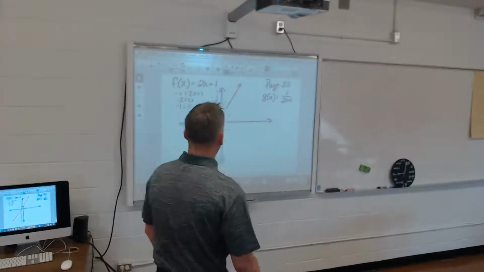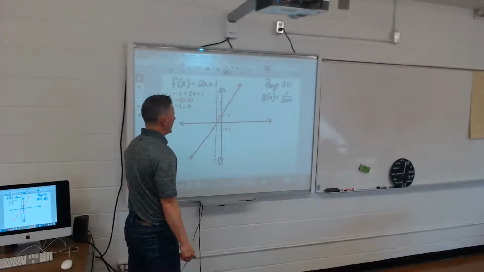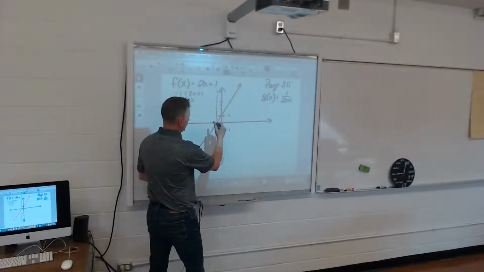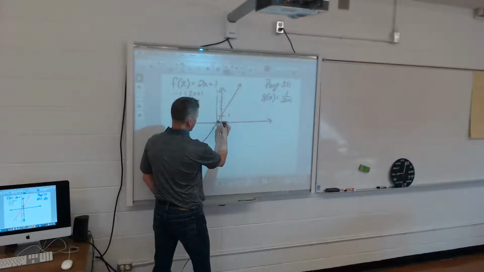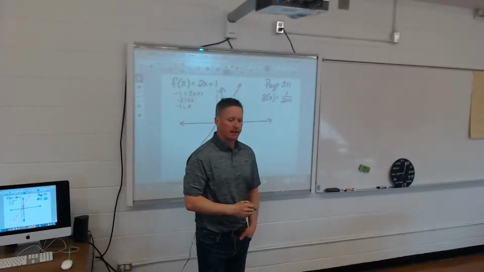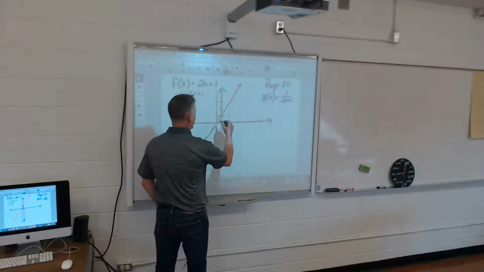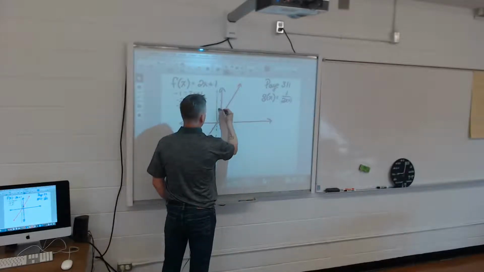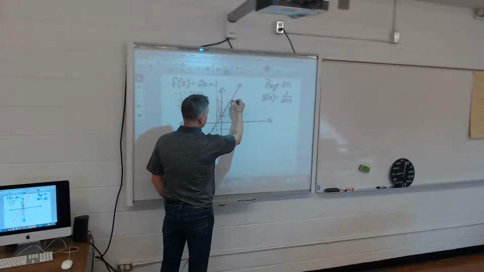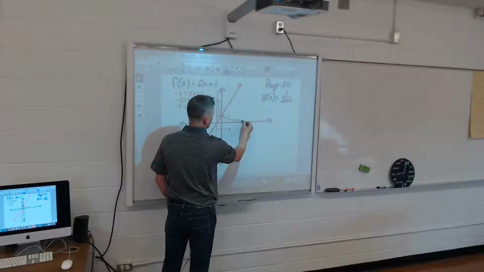And now at this point, I draw my sketch. Okay, so what we learned last week is that all the y values between here and here, between 0 and 1, they're all fractions. So when I take 1 over them, they become whole numbers and they become much larger. So my graph goes like that. And then all of the values up in here, when I take 1 over all these values, they all become fractions.